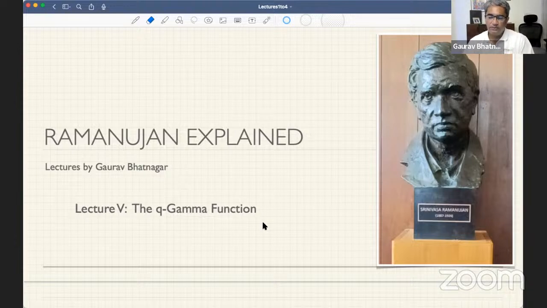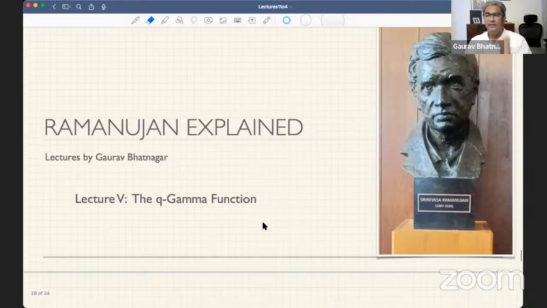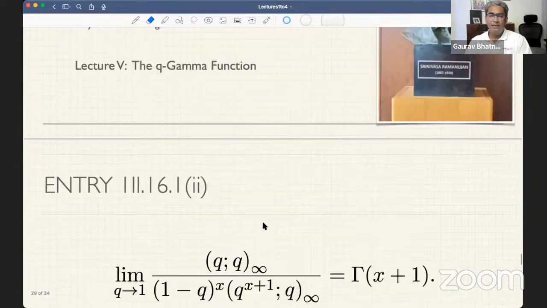Ramanujan's own work in hypergeometrics was a lot of it a repetition of what had already been done, whereas the Q stuff was new. So we are taking the approach that we look at first the Q stuff and then take special cases and get the hypergeometric identities. And in taking the limit, this is the limit which works.